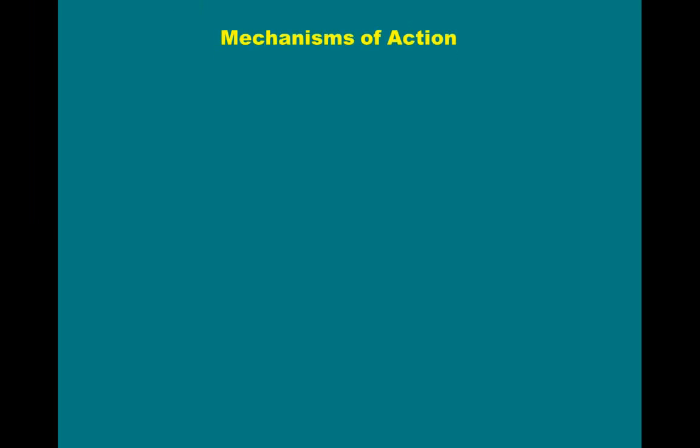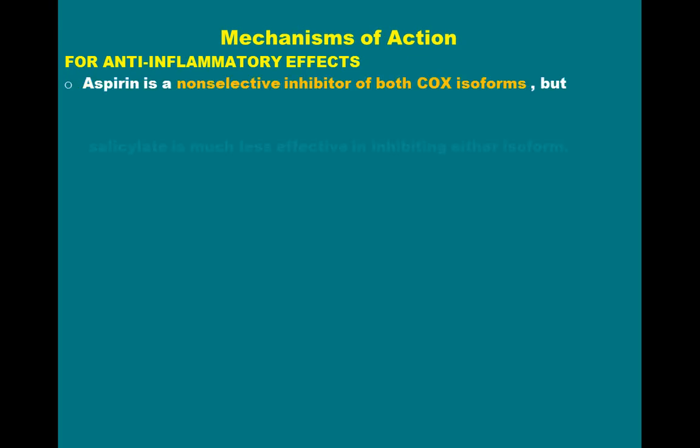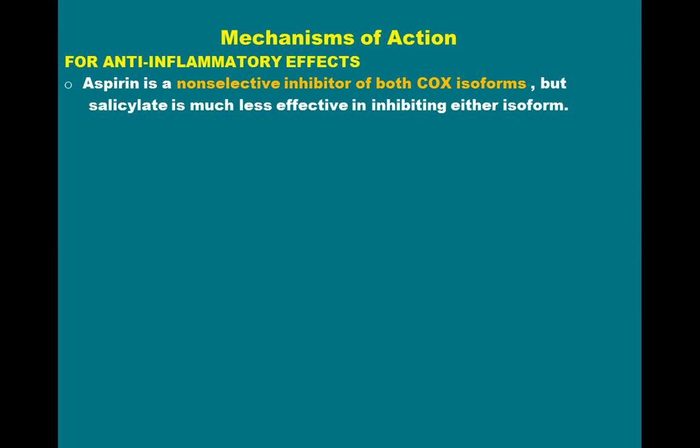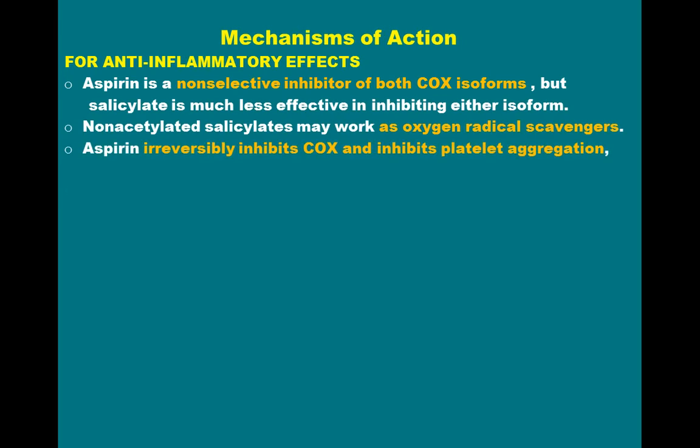Mechanism of action of aspirin. For anti-inflammatory effects, aspirin is a non-selective inhibitor of both COX isoforms, but salicylate is much less effective at inhibiting either isoform. Also, aspirin's anti-inflammatory effect involves acting as an oxygen radical scavenger. Also, aspirin acts by irreversible inhibition of COX and inhibits platelet aggregation.